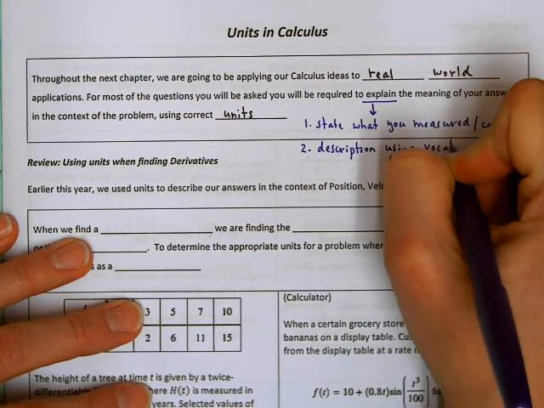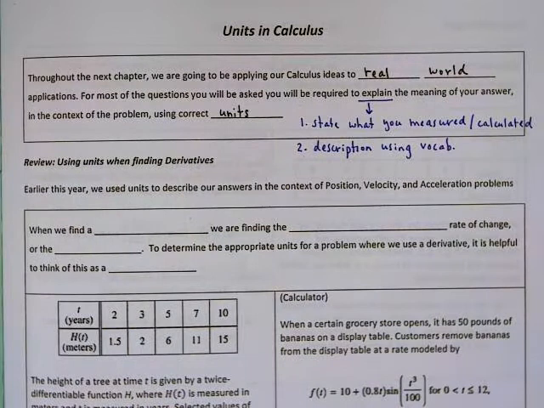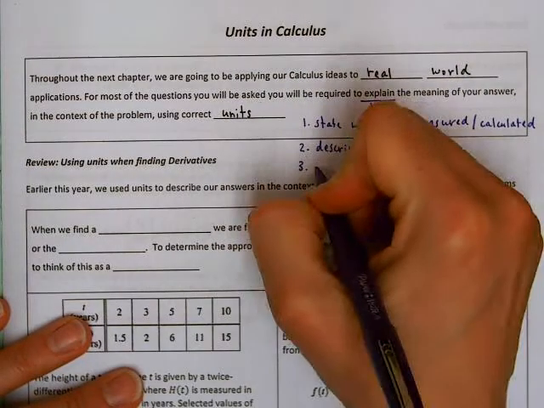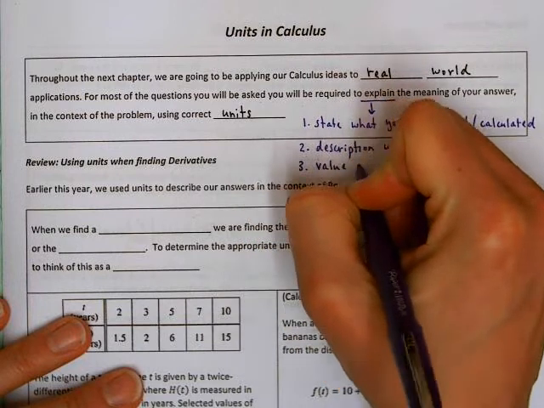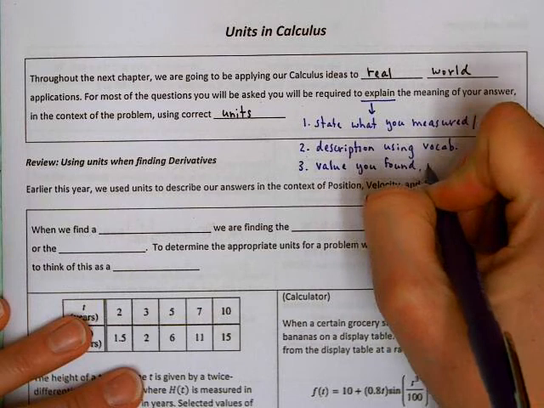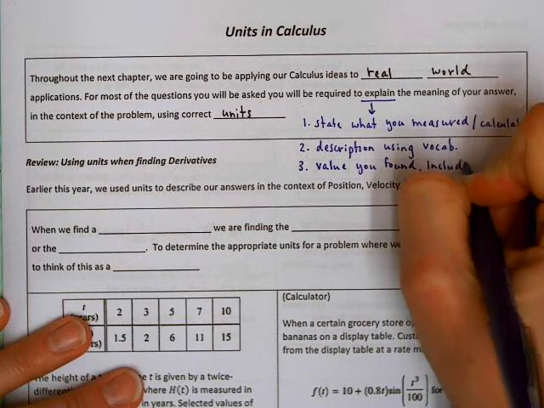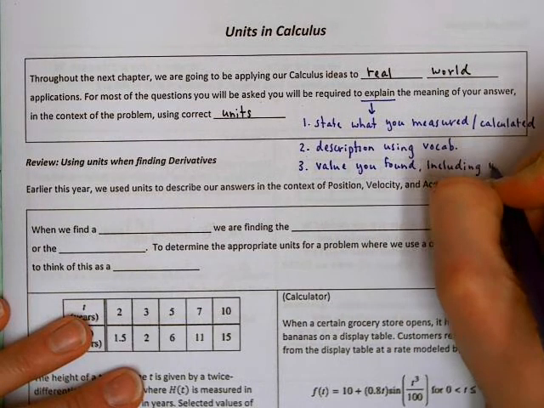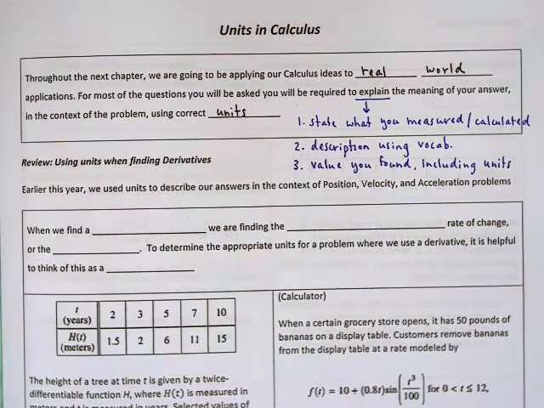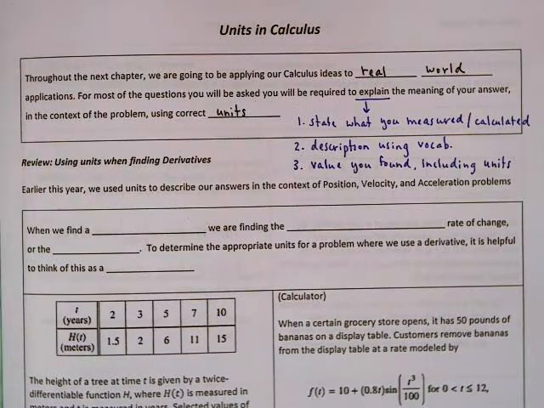As we go through some of these problems, we'll talk about what that vocabulary might be depending on the problem you're working on. And then the final thing you're going to want to include is the value you found, including correct units. So all three parts are really important in ensuring that you have a complete explanation.